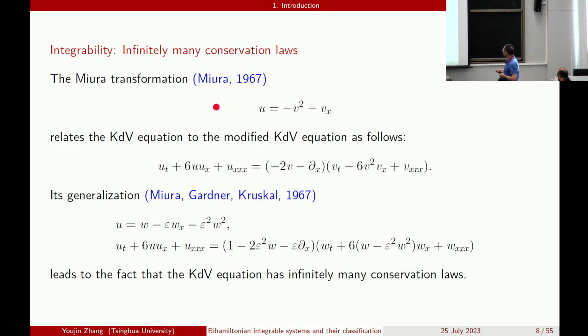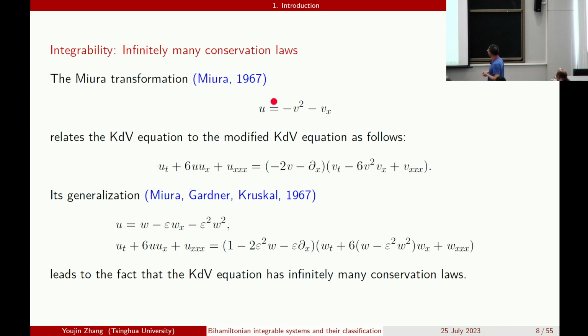Miura, at that time a postdoc of Kruskal, tried to find as many conservation laws of the KdV equation as possible. After some time he found about 9 conservation laws. Then he stopped; he guessed there should be more, but he wanted to continue.